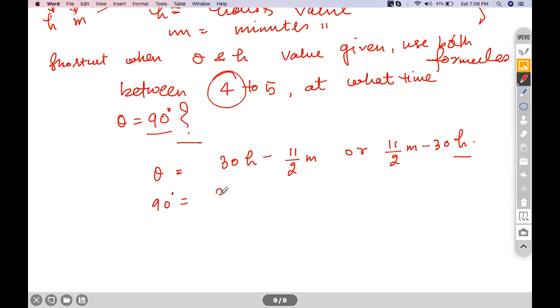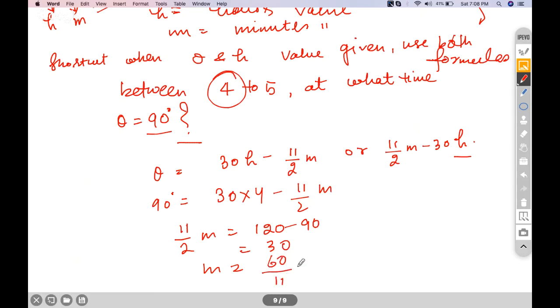So I'm using here 30 into 4 minus 11 by 2 M equals 90. 11 by 2 M is equal to 120 minus 90, which is 30. So M is 60 by 11, which is 5 5/11. So it would be a 90 degree angle at 4 o'clock and 5 5/11 minutes.